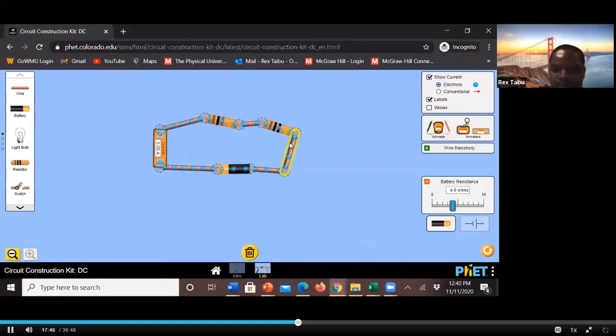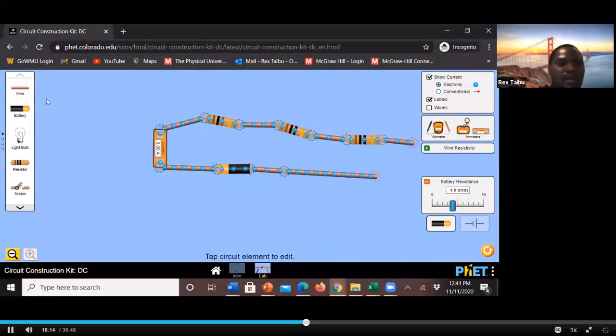Maybe we have to put a wire in between, just to preserve our circuit. Wire, resistor, 1, 2, 3, then connect to wire.